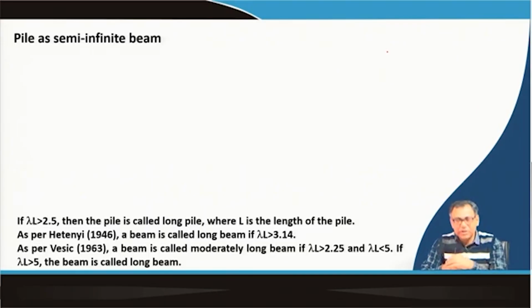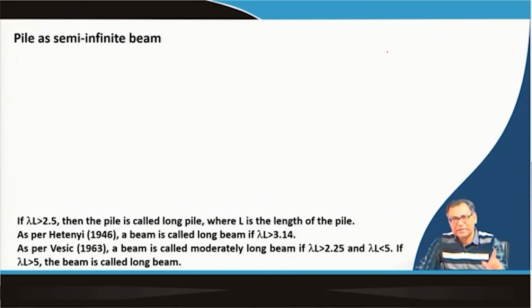So, if lambda L is less than 3.14 or less than 2.5, definitely you have to go for the pile as a finite beam. But if the lambda L value is greater than 3.14 or 2.5, then you can consider the pile as a semi infinite beam, or you can consider the pile as a finite beam also.